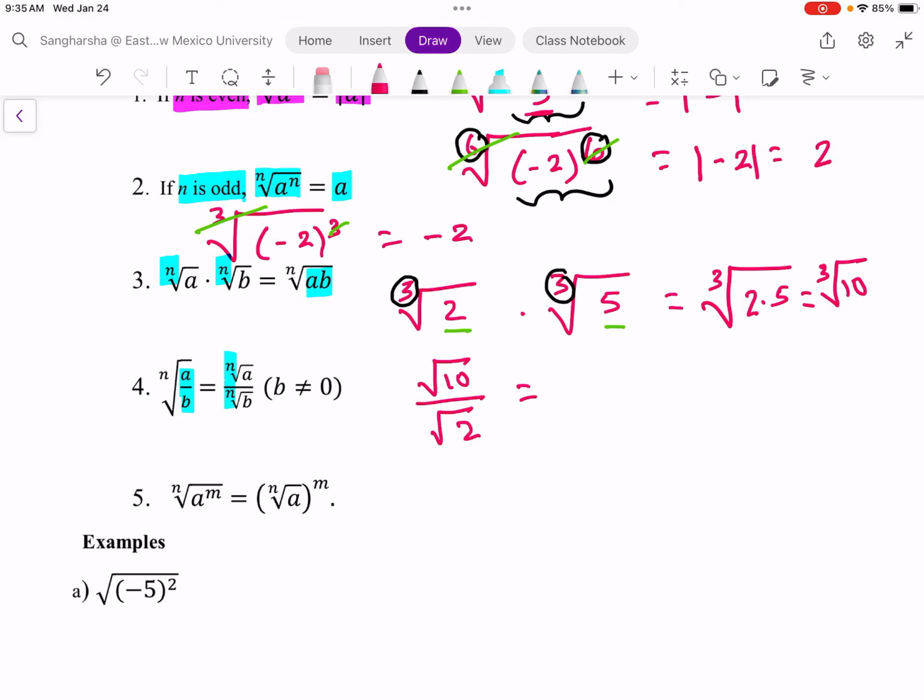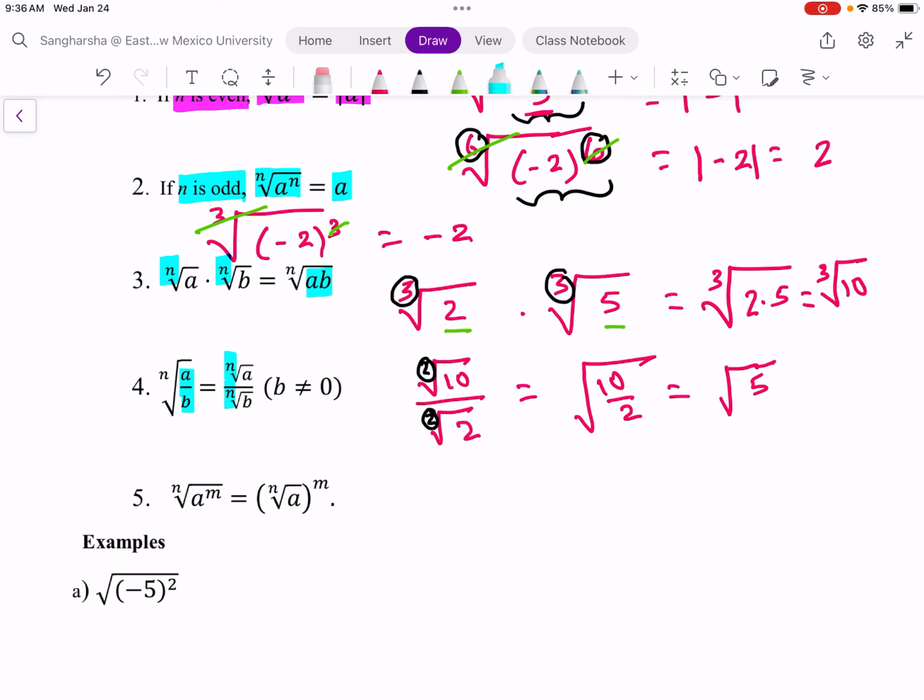In both of these, the index is 2, so we have the same index, and in this case we have the square root of 10 divided by 2, which is the square root of 5. The index has to be the same when you are multiplying or dividing.